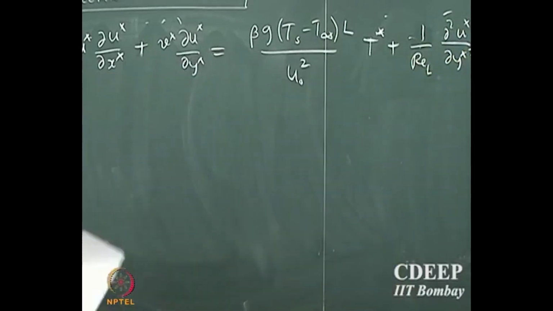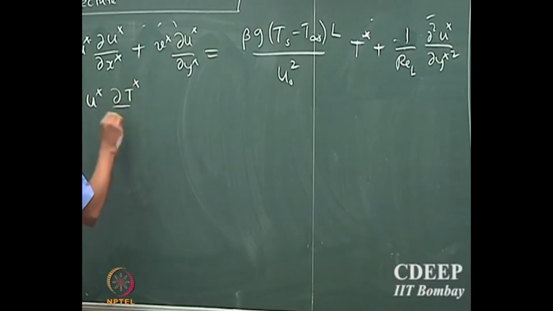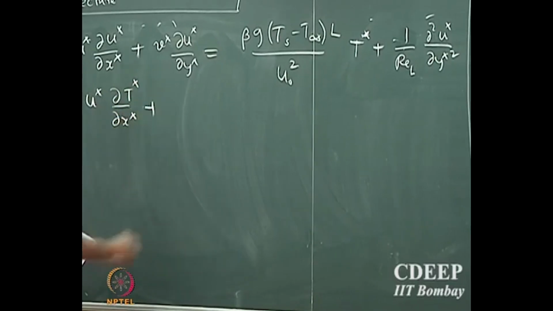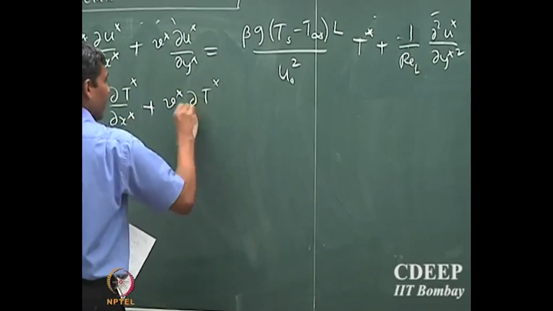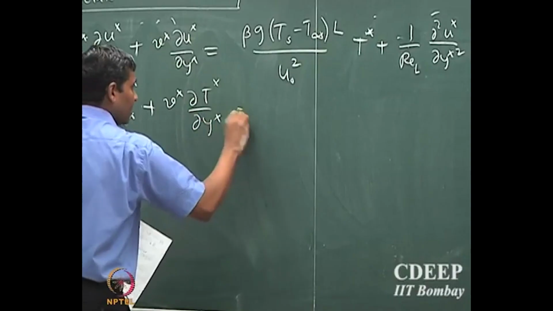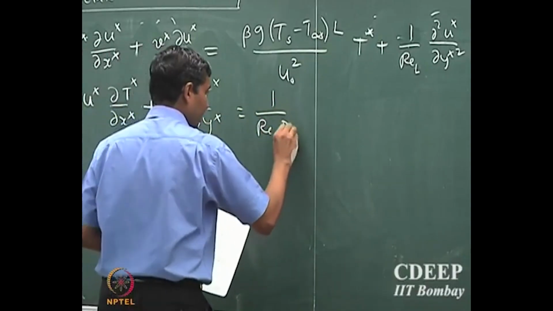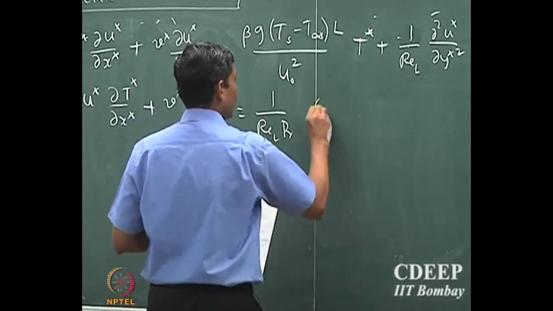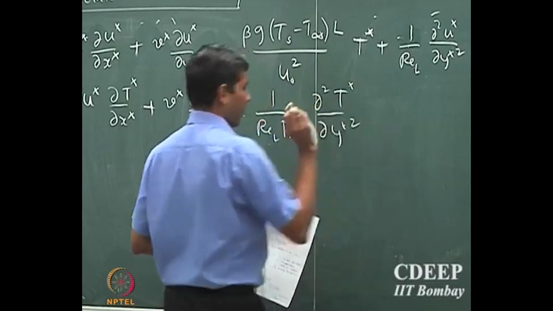Okay. And the temperature balance will be u star dT star by dx star plus v star into dT star by dy star, that's equal to 1 by Re_L into Prandtl number into d square T star by dy star square.